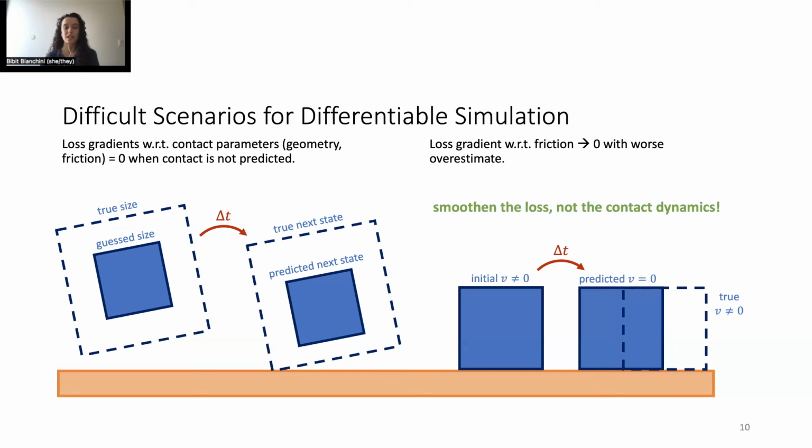Instead of smoothing the contact dynamics, we smoothen the loss itself. So if we drive our loss to zero, we can both uphold perfect rigidity and stiffness in contact, as well as learn any of the physical parameters that we're trying to optimize for in our physical model.